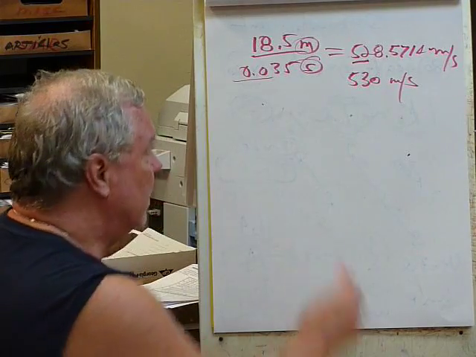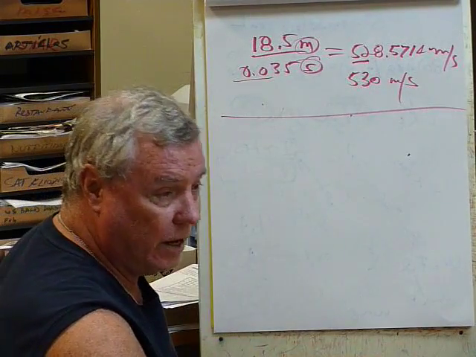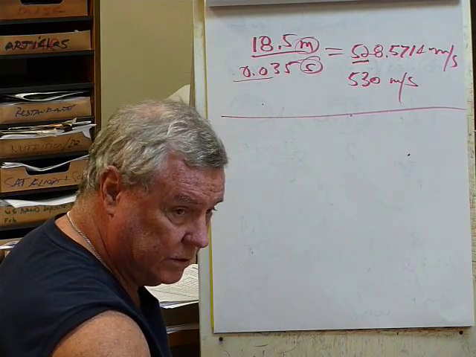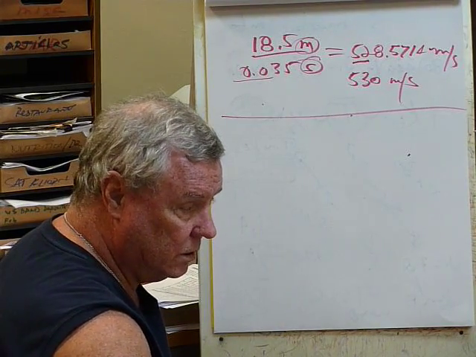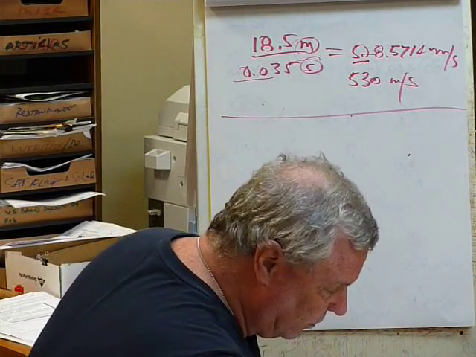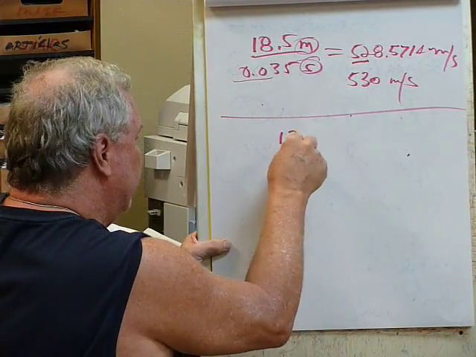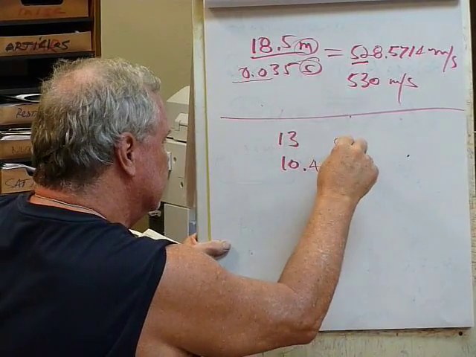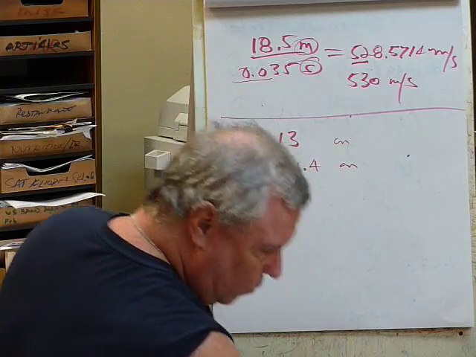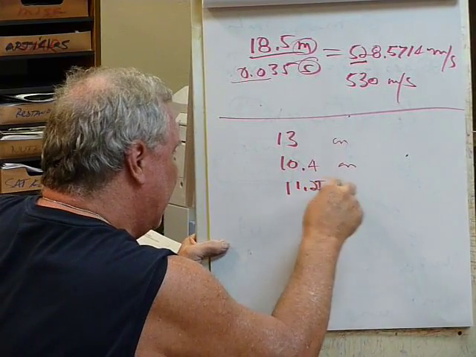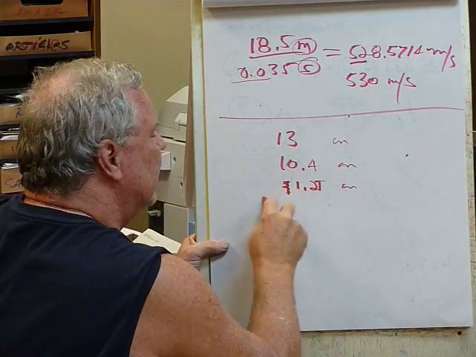Okay, now, totally different analysis. Addition and subtraction. For addition and subtraction, look at number 26. We got 13 centimeters, 10.4 centimeters, and 1.25 centimeters.